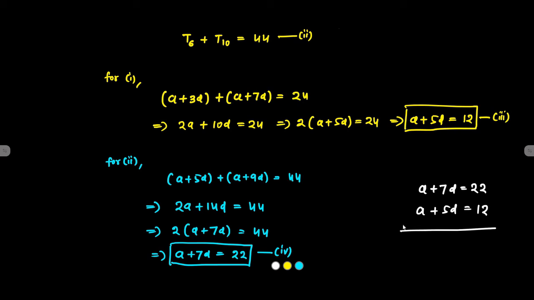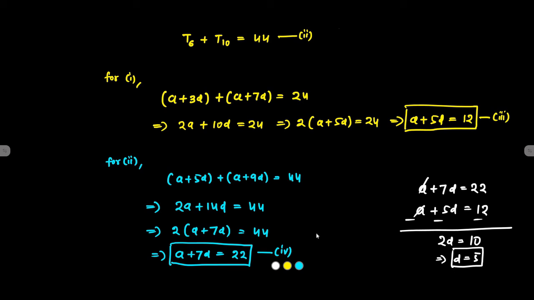We'll subtract these two. A minus A gets cancelled. 7 minus 5, that is 2D, is equal to 22 minus 12, which is equal to 10. That implies D is equal to 10 by 2, which is equal to 5. So we have the common difference D is equal to 5.